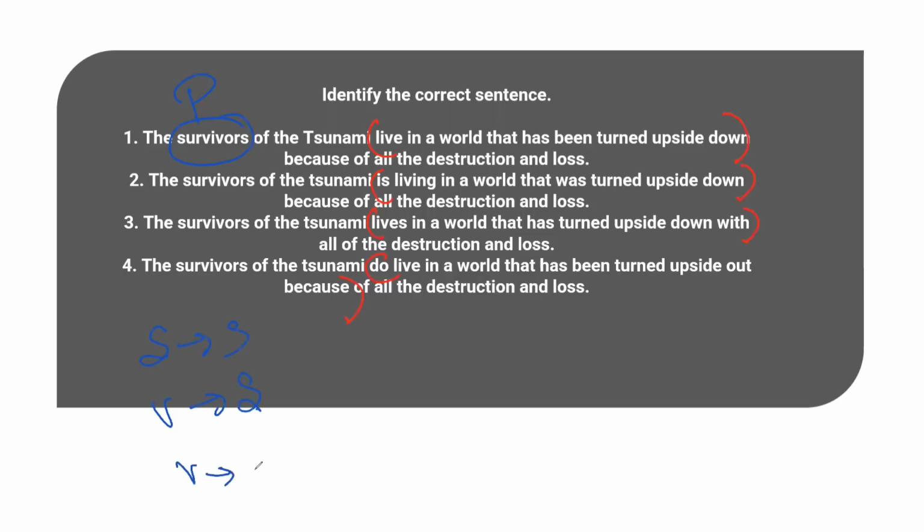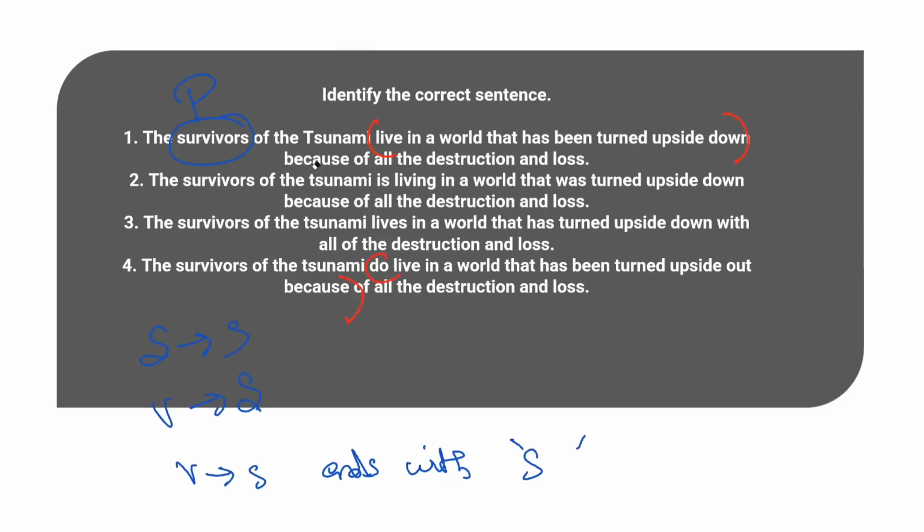And for a verb to be singular, it should end with s, right? A singular verb ends with s. Okay, so survivors is plural, the subject is plural. So whichever option has a singular verb, I can easily eliminate, right?